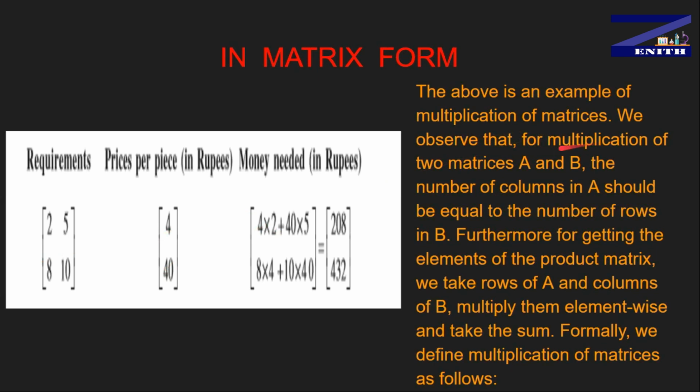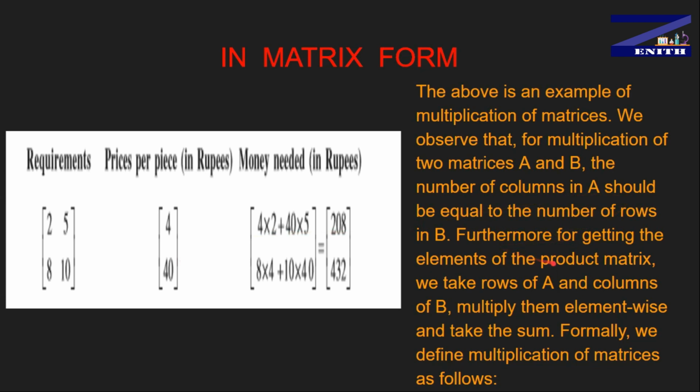We observe that for the multiplication of two matrices A and B, the number of columns in A should be equal to the number of rows in B. This is the basic condition that must always be fulfilled if you want to multiply two matrices. As you see here, there are 2 columns in the first matrix and 2 rows in the second, so columns in one matrix equal rows in the other. The basic condition is fulfilled, so now we can multiply these two matrices.